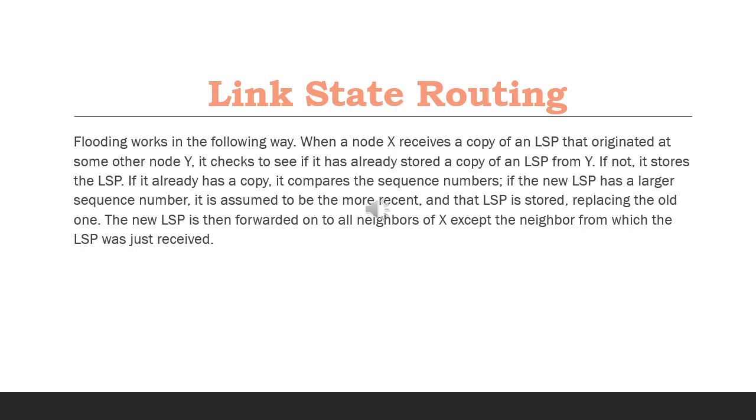If it already has a copy, it compares the sequence numbers. If the new LSP has a larger sequence number, it is assumed to be more recent, and the LSP is stored, replacing the old one. The new LSP is then forwarded on to all neighbors of X except the neighbor from which the LSP was just received.